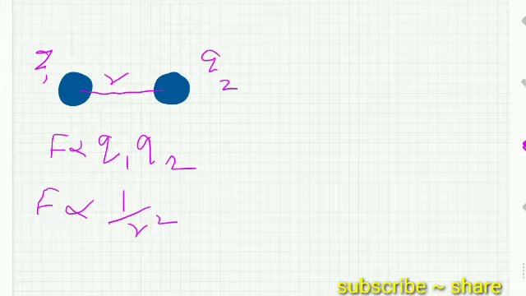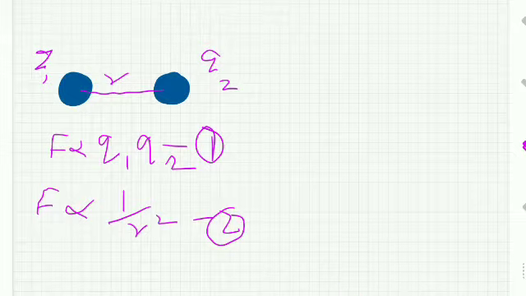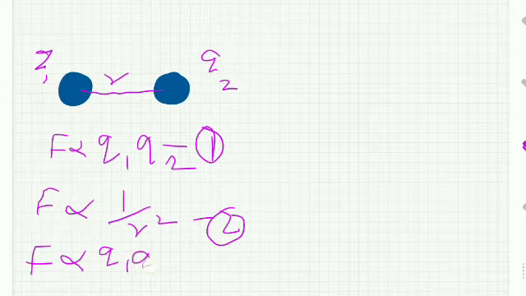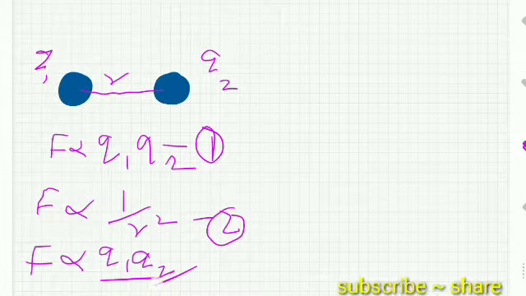This is equation 1 and this is equation 2. From equations 1 and 2, F is proportional to q1 q2 by r square.